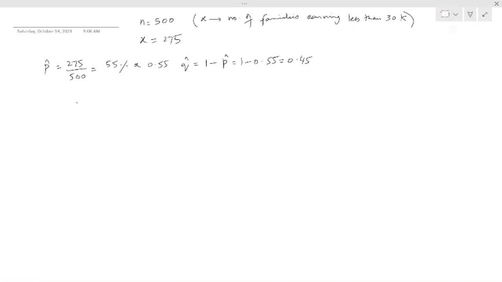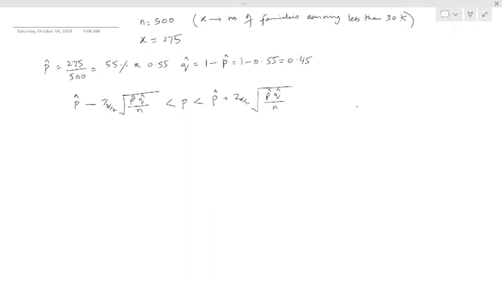Now we write down the formula. The formula to estimate population proportion is p cap minus z alpha by 2 times square root of p cap q cap divided by n, to p cap plus z alpha by 2 times square root of p cap q cap divided by n.